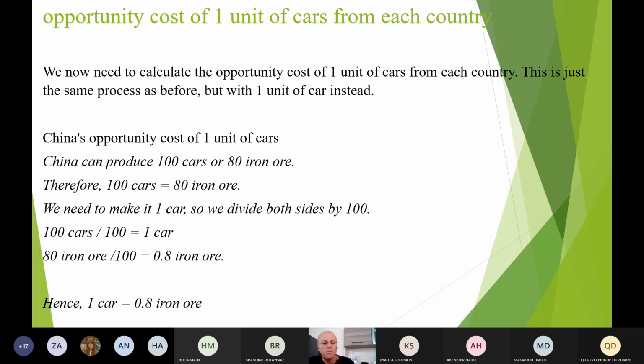Therefore, 100 cars is supposed to be 80 iron ore. We need to make it 1 car, so we divide both sides by 100. Therefore, 100 cars divided by 100 is going to give you 1 car, and 80 iron ore divided by 100 is going to give you 0.80 iron ore. Hence, 1 car is equal to 0.8 iron ore.